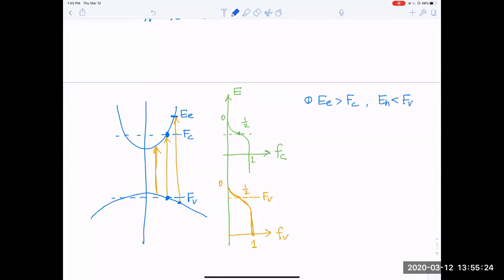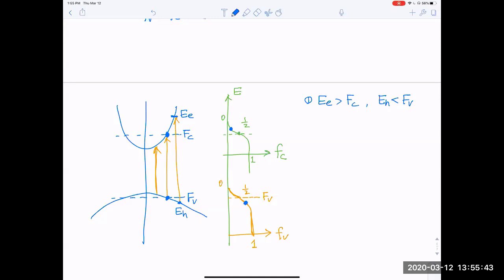So here is EH. So electron is occupying this part of the Fermi-Dirac curve, whereas hole is occupying this part of the Fermi distribution.